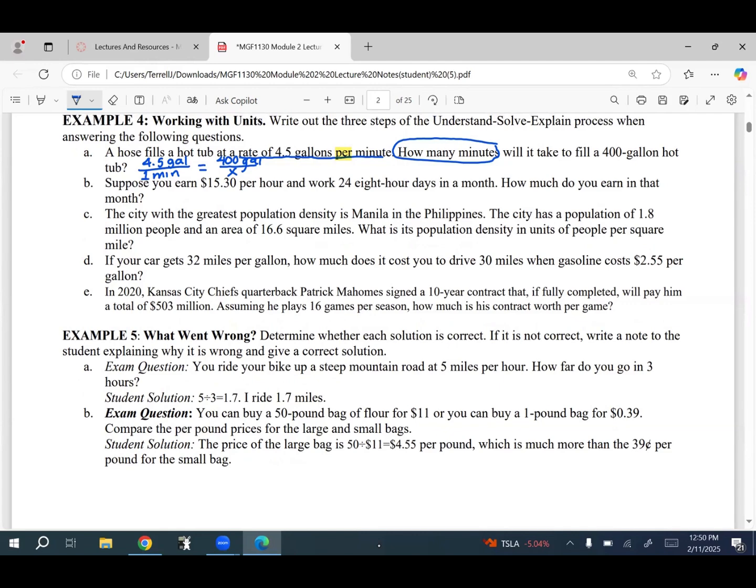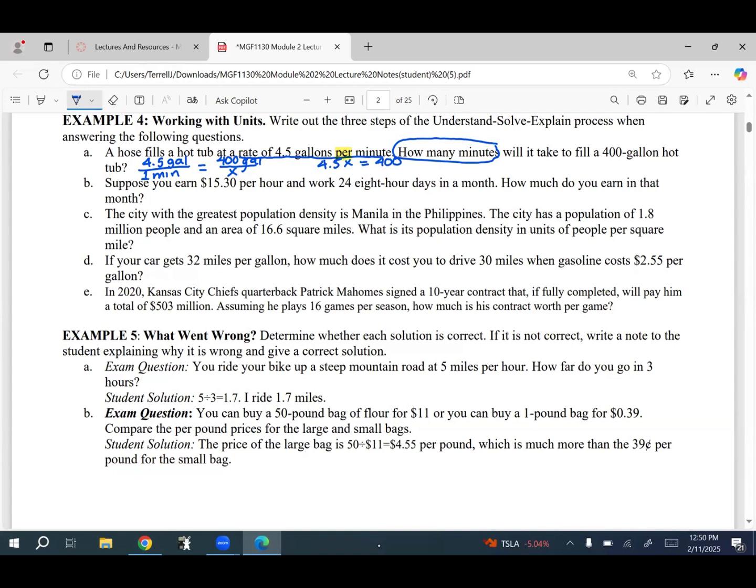Now, to solve something like this, you do something called cross multiply. That means I multiply diagonally. It doesn't matter which direction you start. So for example, 4.5 times x, I'm going to multiply diagonally, and that's 4.5x equals multiply diagonally in the other direction. 1 times 400 is just 400.